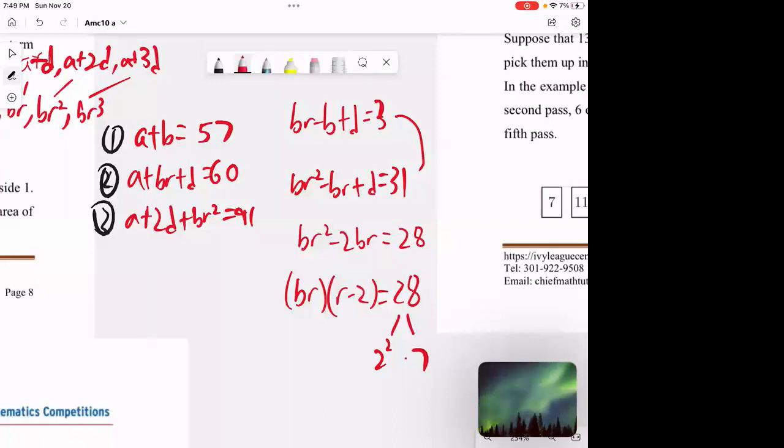So BR times R minus 2 is equal to 28. When we factor this, if R minus 2 is equal to 2, okay, that doesn't work. How about 4 and 7? No, so R has to be not 2. Wait a second, let me redo this. I think I messed up. Sorry.